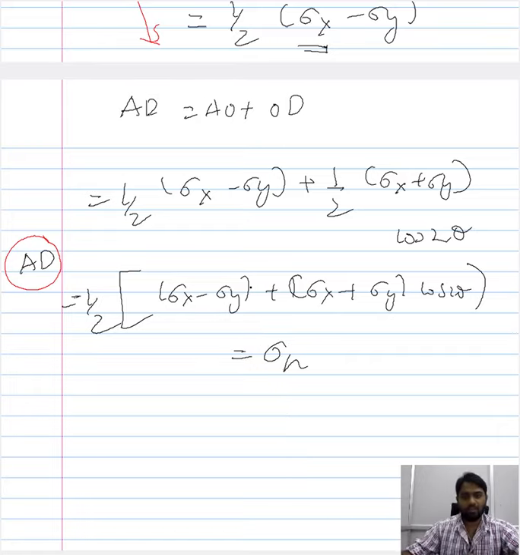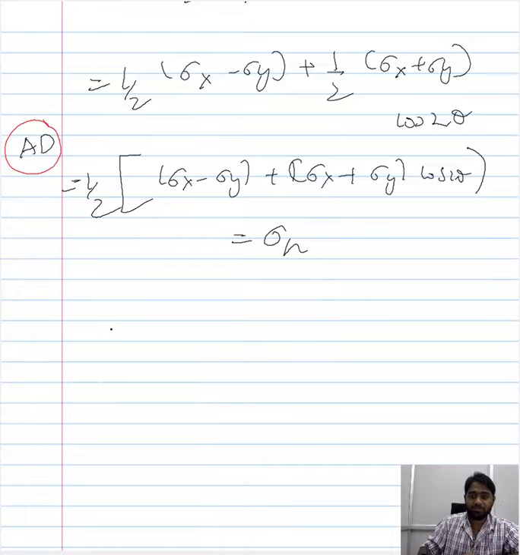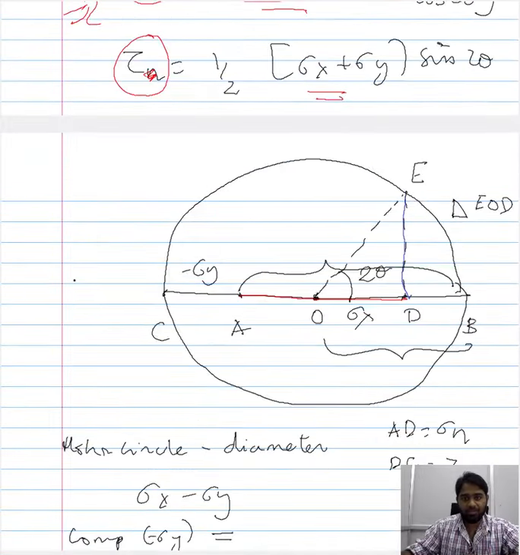Now similarly, we want to quantify the shear component of the stress, and for that let us arrive at an expression for the other segment, that is DE. So we want to arrive at this expression for DE and see how it correlates with the shear component of stress.